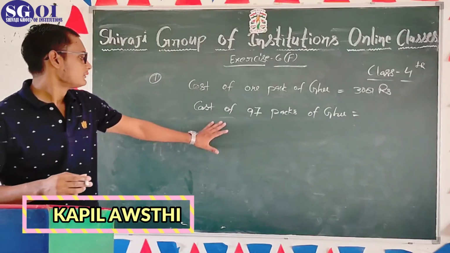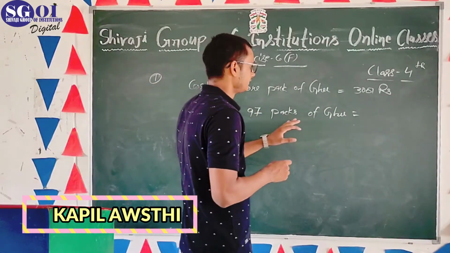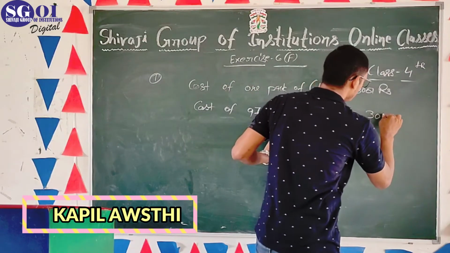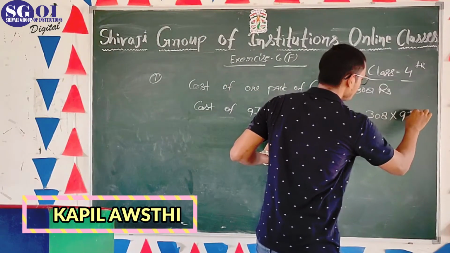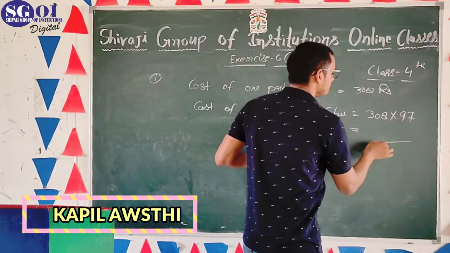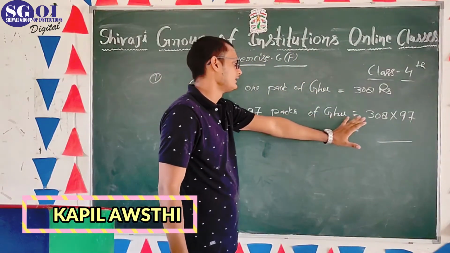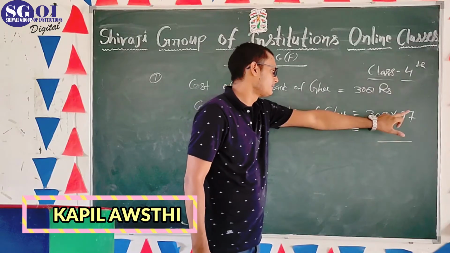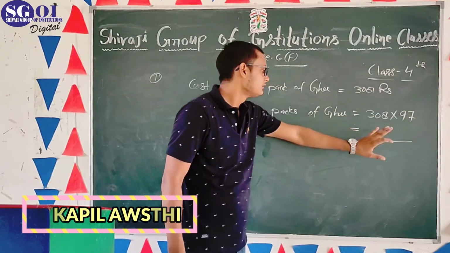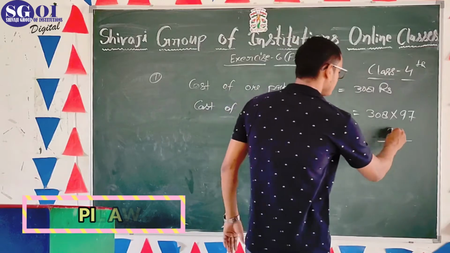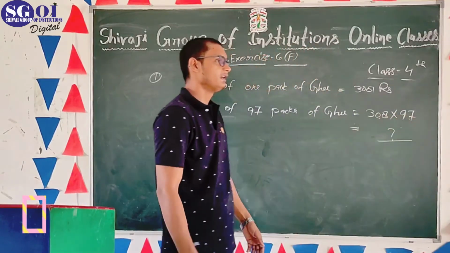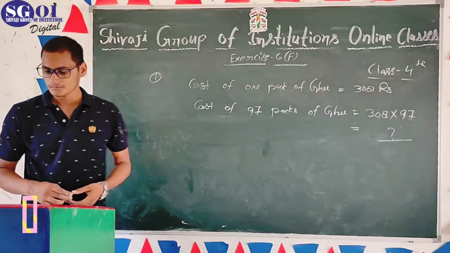Cost of 97 packs of ghee is equal to 308 multiplied by 97. Students, multiply and find the answer.